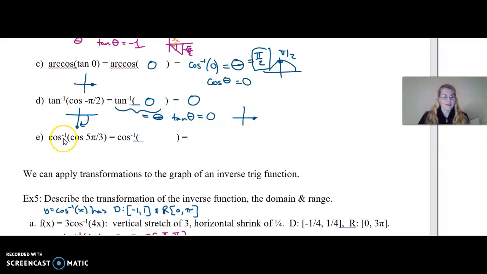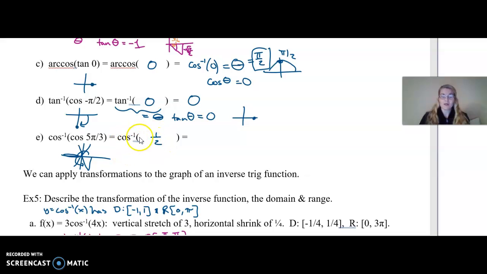All right. And last but not least, cosine inverse of cosine of 5 pi over 3. Now, is this just going to be 5 pi over 3? Well, it would if 5 pi over 3 was between 0 and pi, but it's not. There's 1 pi over 3, 2 pi over 3, 3 pi over 3, 4 pi over 3, 5 pi over 3. 5 pi over 3 is over here. Cosine in that case is going to be positive 1/2.